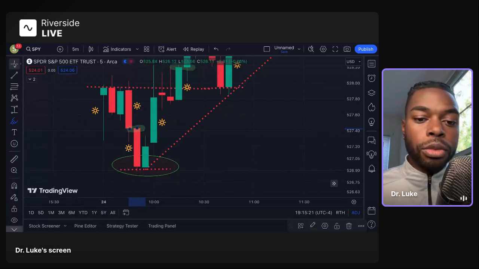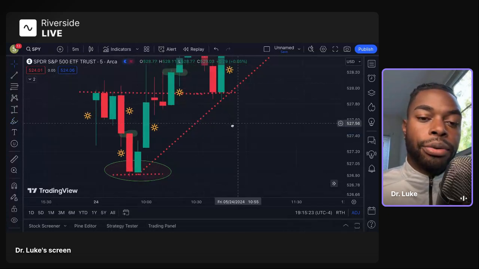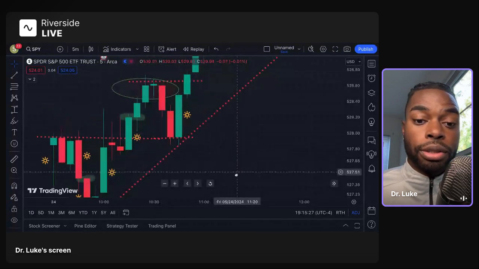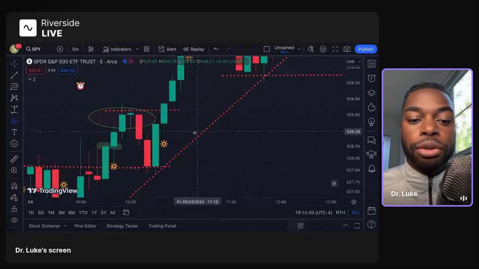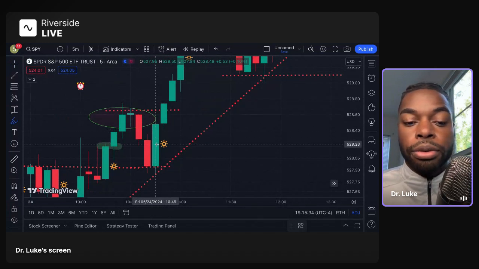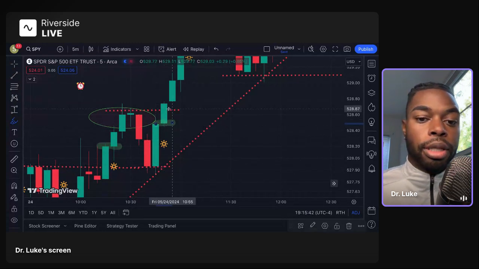Okay. So I still mark those too, and then I grade them. So later on, this will be a pretty bad grade, but it's a potential entry. And then another potential entry is this bullish engulfing bar. It's called a bullish engulfing because this big green bar is eating up this little red bar. So it's bigger size. We have a micro double bottom right here. Mark that right there.